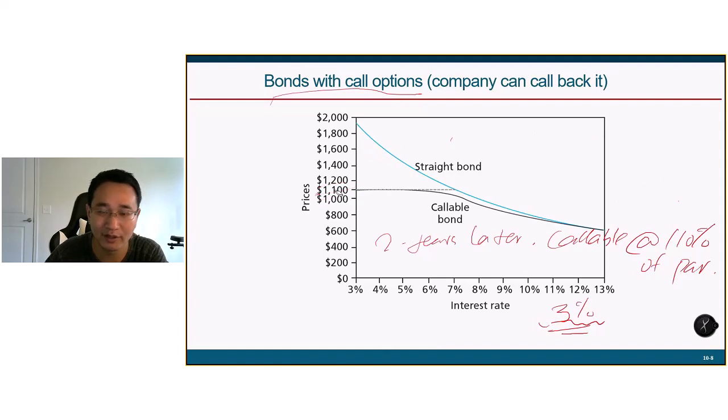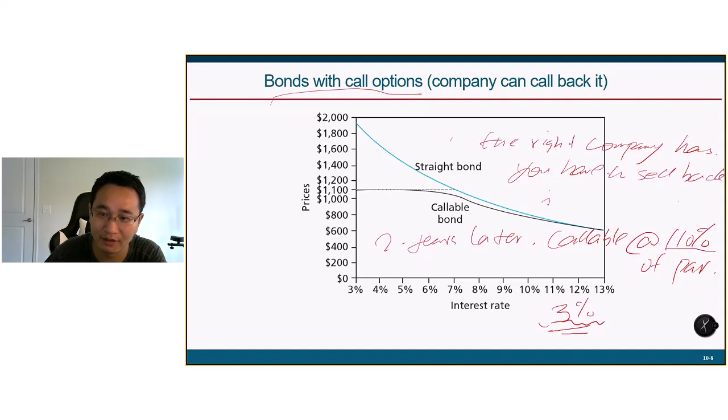That's very common. 2 years later, they can pay you 110% of par, which is $1,100, and you have to sell back if they call. This is a right the company has.